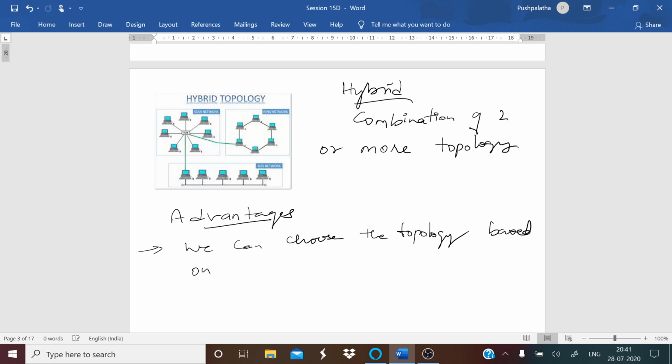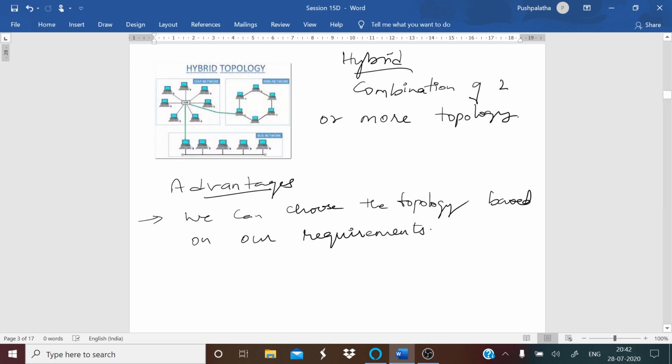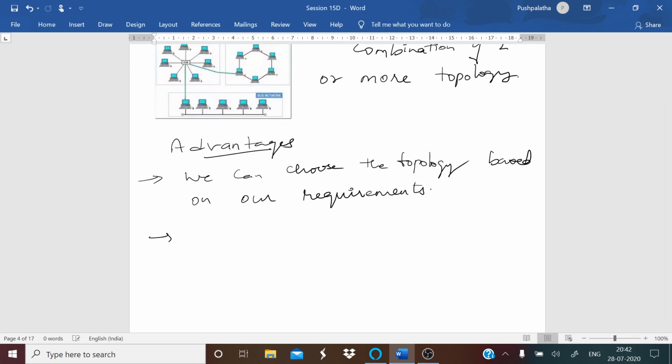Scalability is there. It is scalable, as we can connect other computer networks with the existing networks. Okay, these are the advantages.